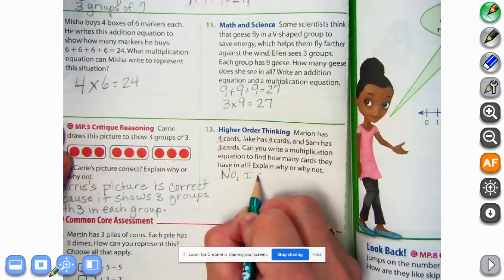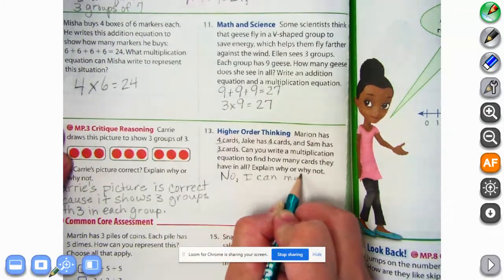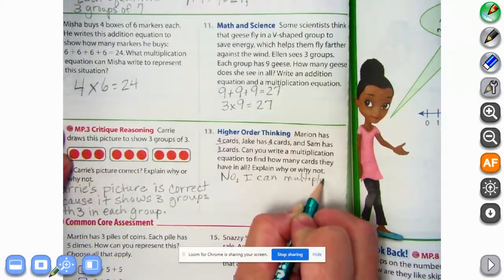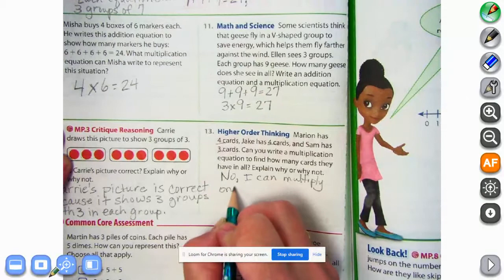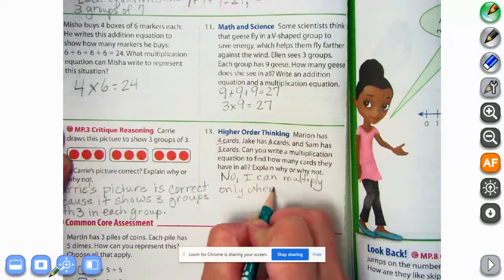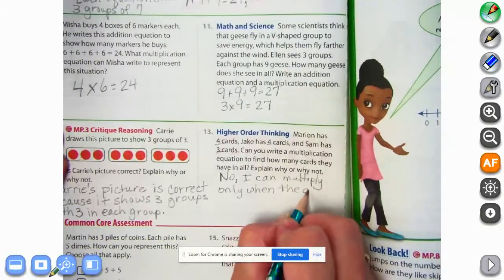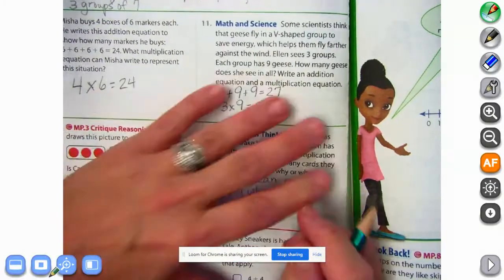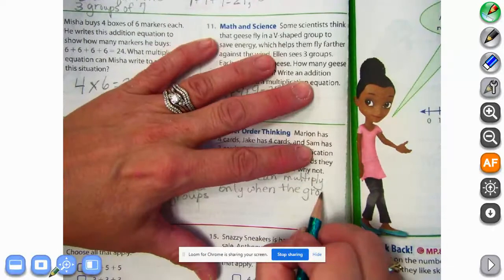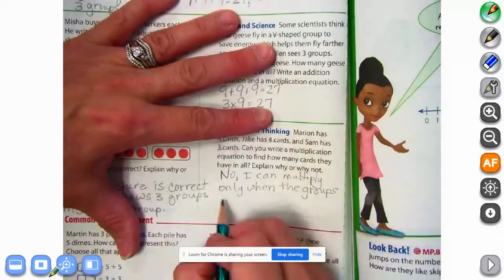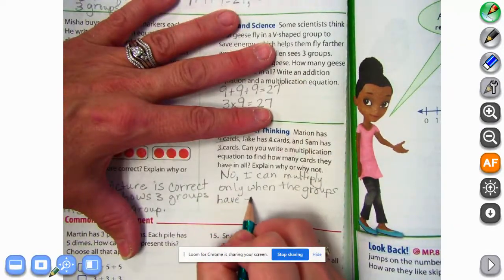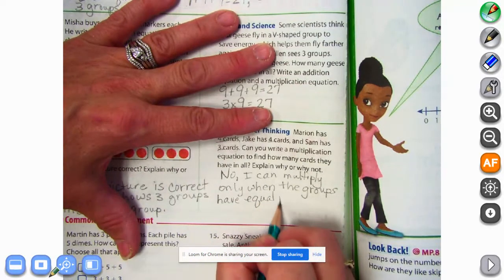I can multiply only when the groups have equal parts.